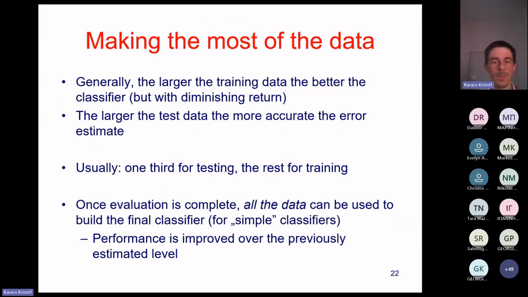So how can we make the most out of our data? Generally, the larger the training data, the better the classifier is going to be. But the returns, as you increase the size of the data set, will be diminishing.